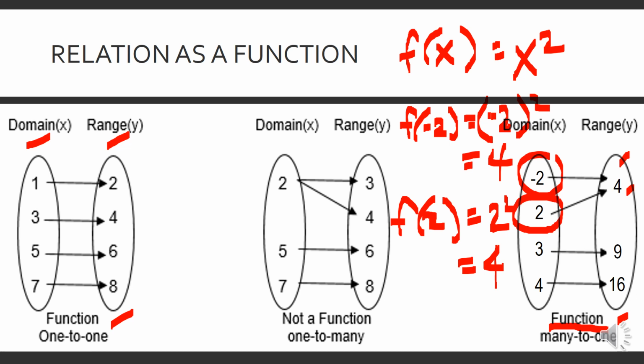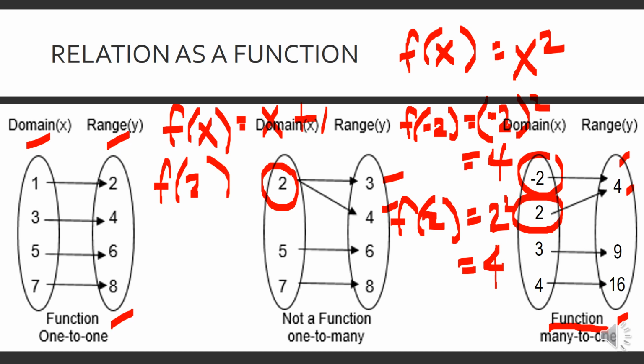Then, for the second example, it is impossible that the value of x is the same while the value of y varied. Example, if f of x is equal to x plus 1, so that will be f of 2 is equal to 2 plus 1 equals 3.